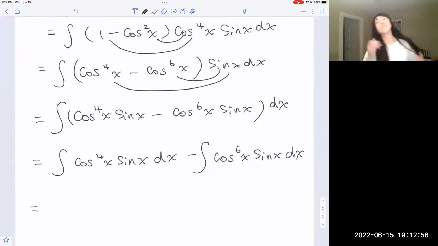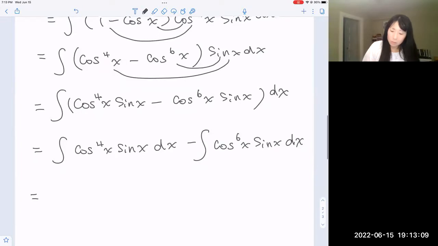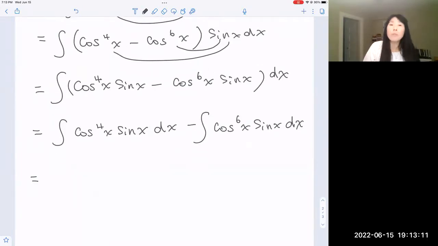All right. How do we integrate this one? How about you, substitution? What do you want to set up as u?